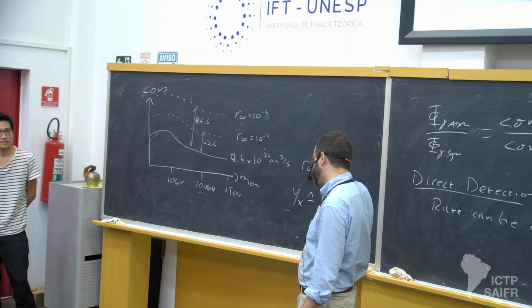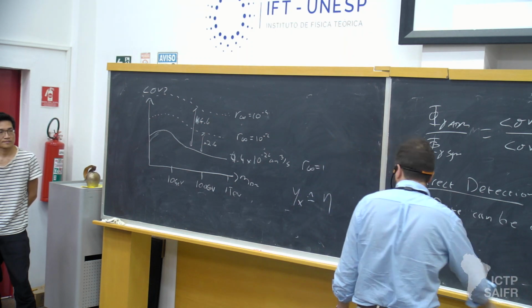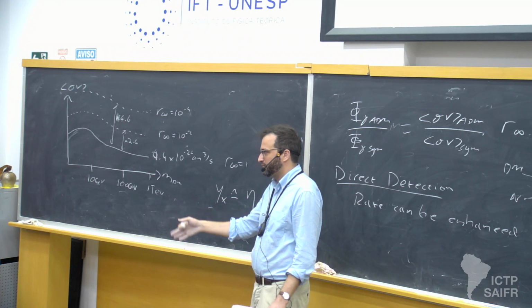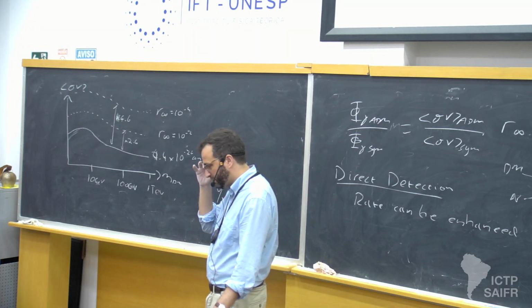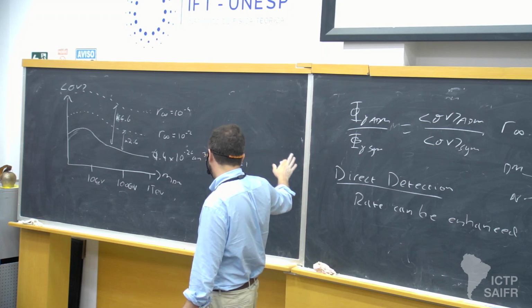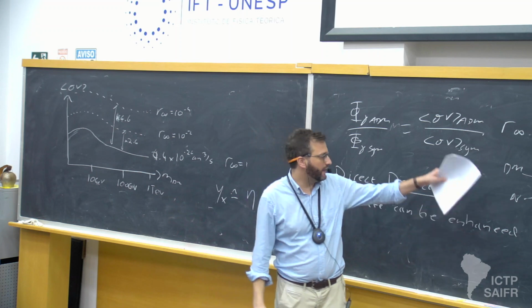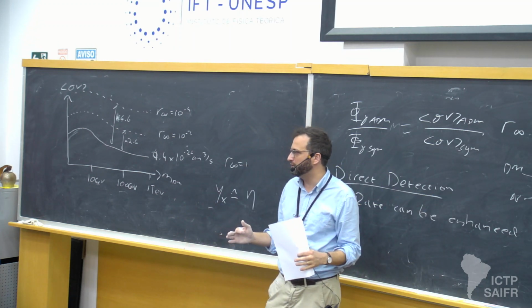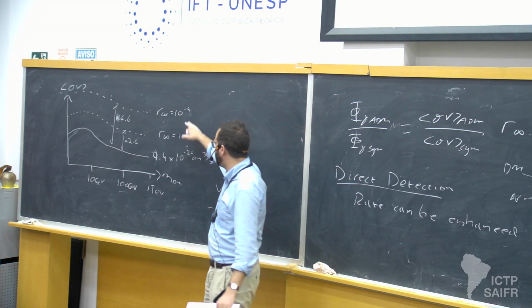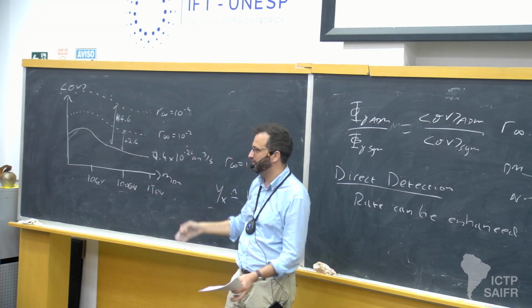But these models were popular a few years ago, also to explain small-scale structure anomalies through self-interacting dark matter. And in those models, the CMB constraints from dark matter indirect detection were very stringent. But if you went to R infinity of 10 to the minus 6, then the CMB constraints went away.